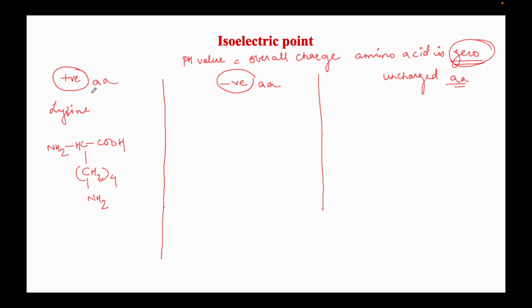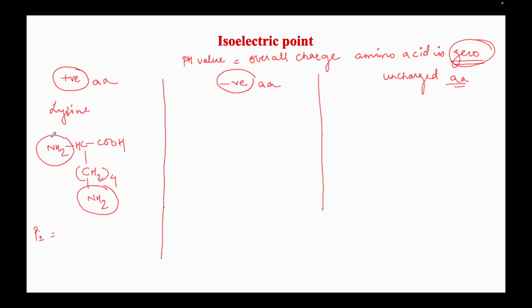The formula for the isoelectric point is denoted as pI. We have to take an average, and to calculate the isoelectric point we first have to know the pK of this amino group and the pK of the R group, the positively charged R group.